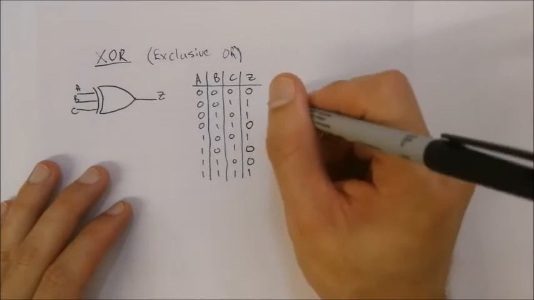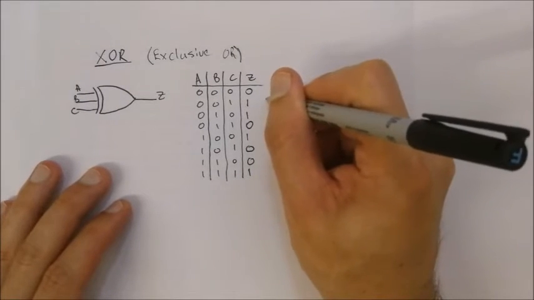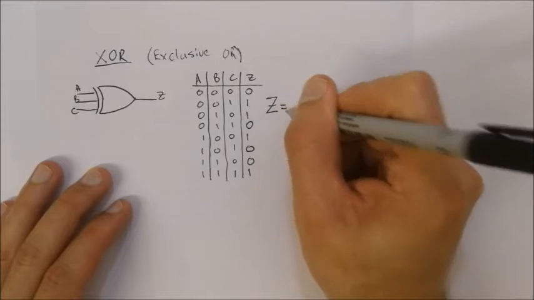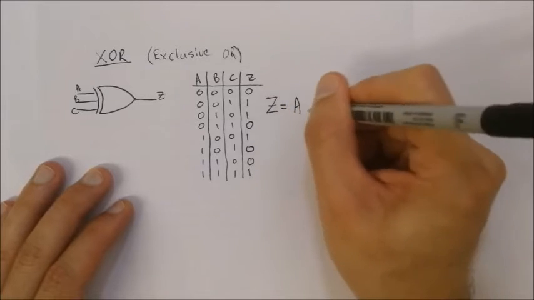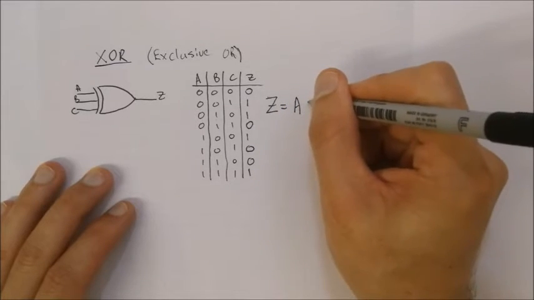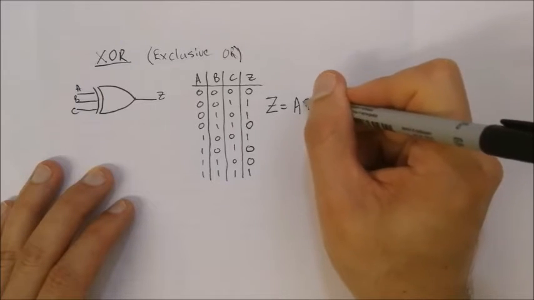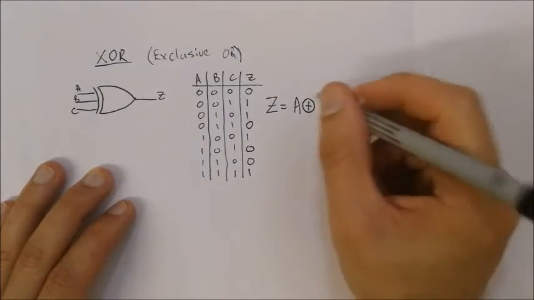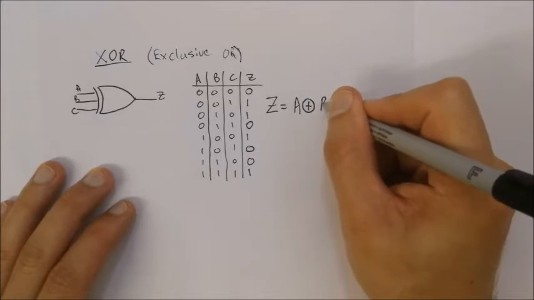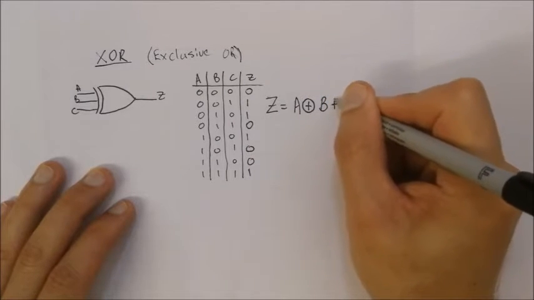So the expression for an XOR gate would be Z is equal to A, and the symbol for XOR is the normal plus sign as you would use for OR, but with a circle going around it. So A XOR B XOR C.